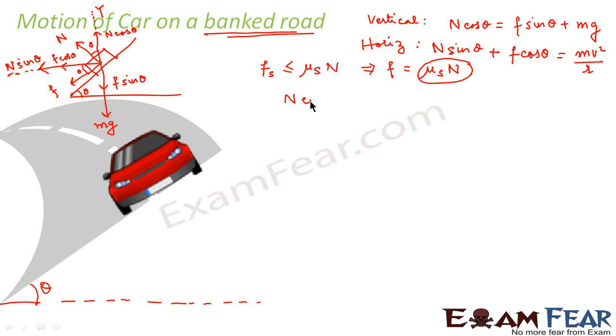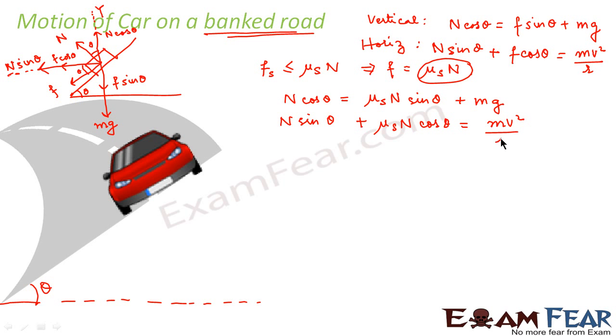We get N cos theta is equal to mu s N sin theta plus mg, and then N sin theta plus mu s N cos theta is equal to mv square by r. Let us mark this as equation 1 and this as equation 2.